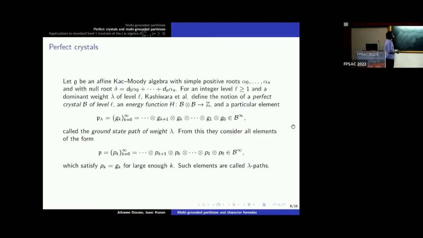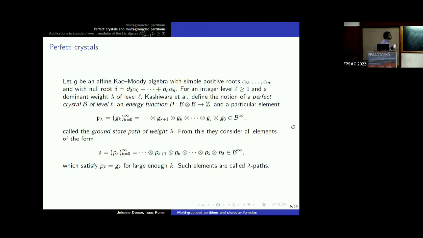So we have the perfect crystal. We take G to be an affine Kac-Moody algebra, and you have what we call the simple positive roots, and also the null root, which is a sum of the simple positive roots.